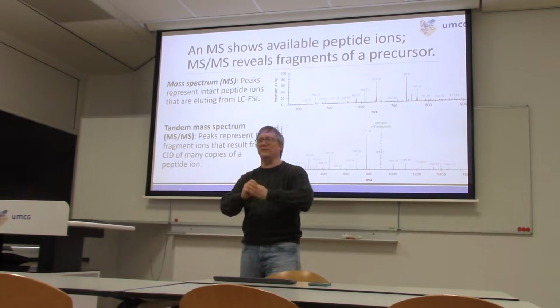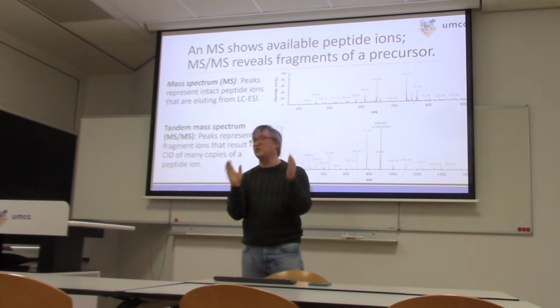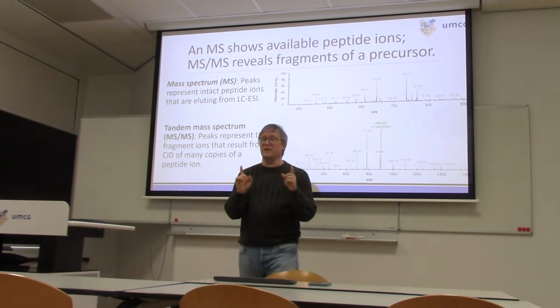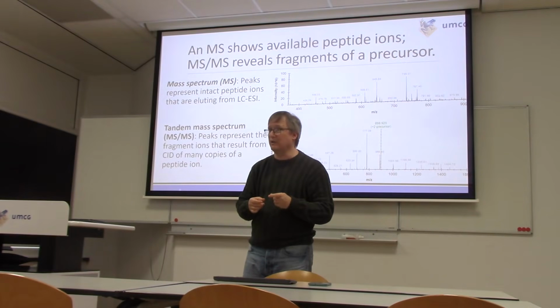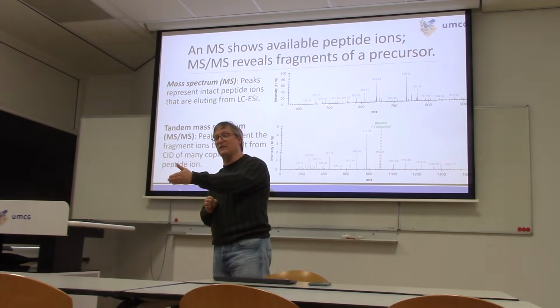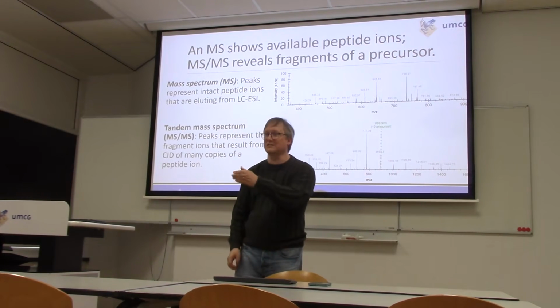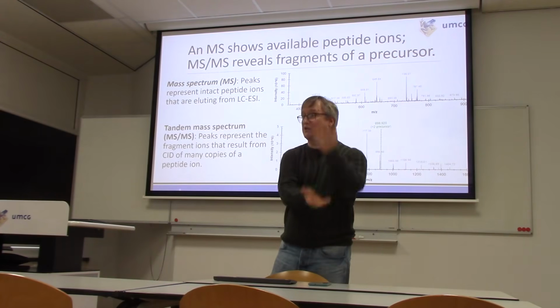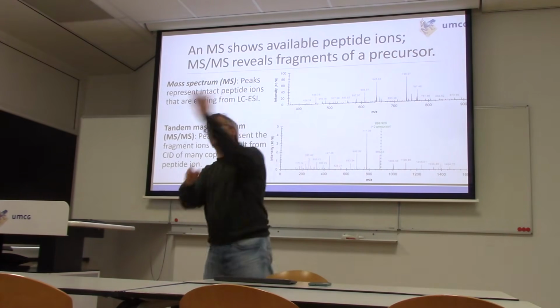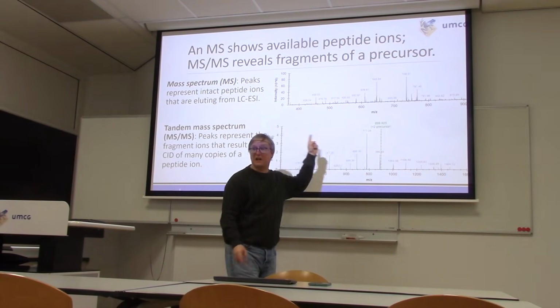So if you've got just 10 amino acids, you're dealing with something that's already more than 1,000 Daltons. If it takes on a double charge, then that 1,100 gets split in half. The mass-to-charge value is half of the mass in that case. If you have a triply charged ion of that mass, you divide that by 3 instead of by 2, and that controls where on this axis it will appear.